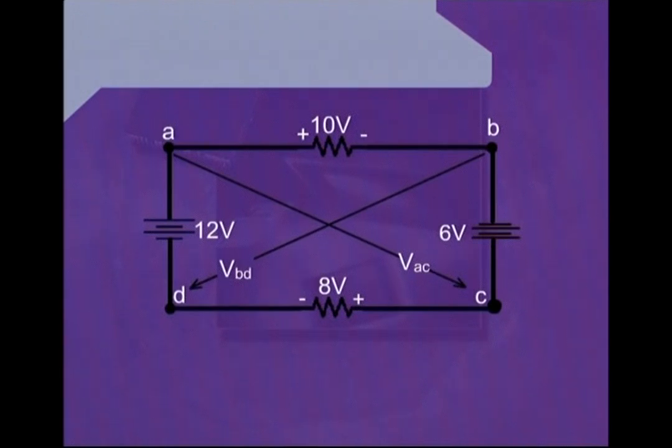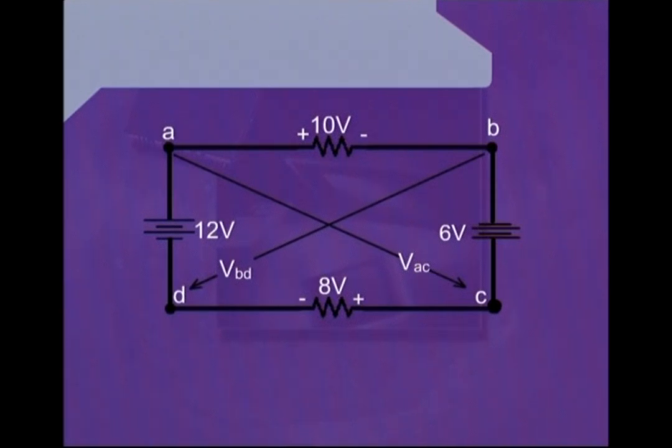We join the points A and C. Also, we join the points B and D. However, we mark the respective imaginary voltages between these two points so that we can calculate these values. And we consider that these voltage sources have those values which have been asked in the question.